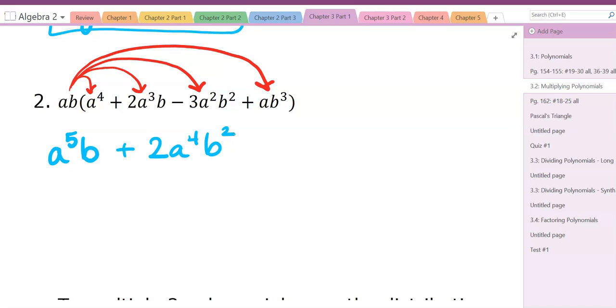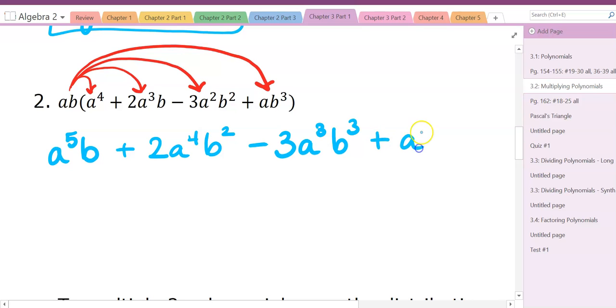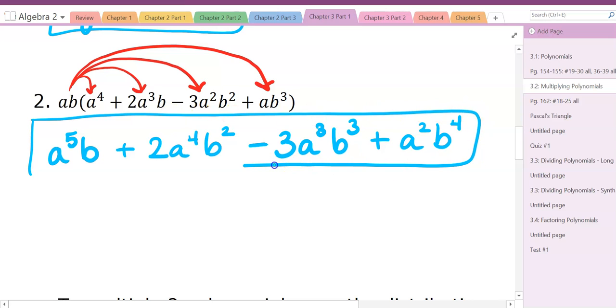So ab times negative 3a squared b squared, you should have negative 3. Then a should become a to the third, and b should become b to the third. And then ab times ab to the third, so you have plus, it should become a squared b to the fourth. Okay, so make sure that you got that same thing there.